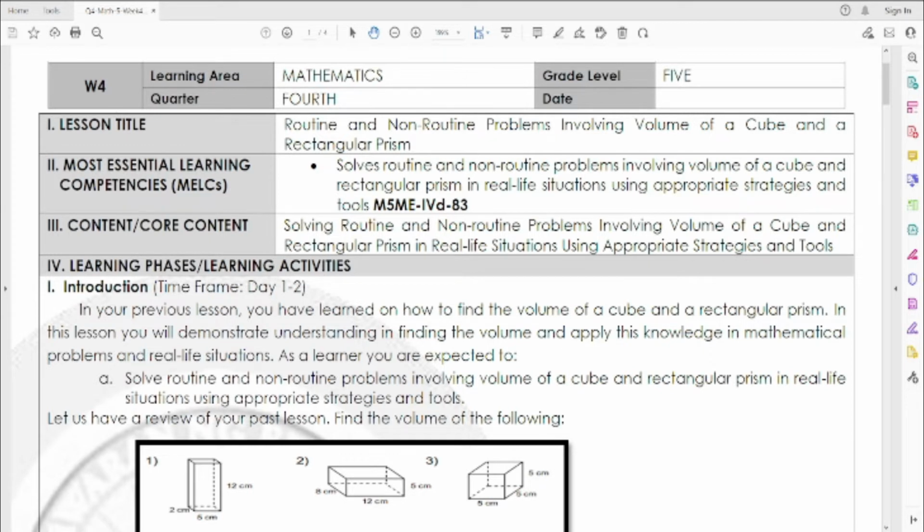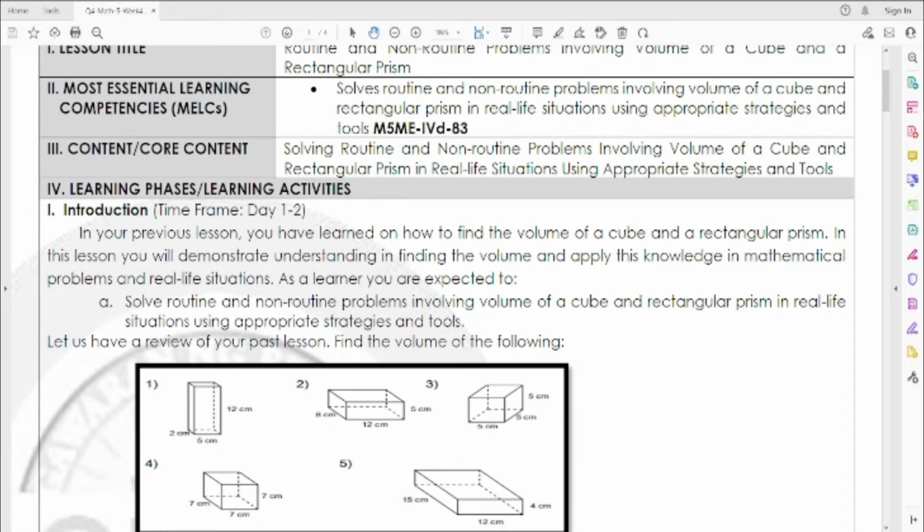In this lesson, you will demonstrate understanding in finding the volume and apply this knowledge in mathematical problems and real-life situations. As a learner, you are expected to solve routine and non-routine problems involving volume of a cube and rectangular prism in real-life situations using appropriate strategies and tools.